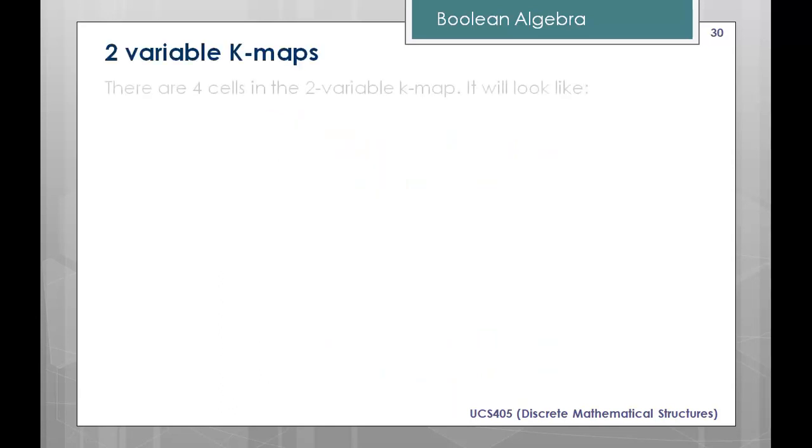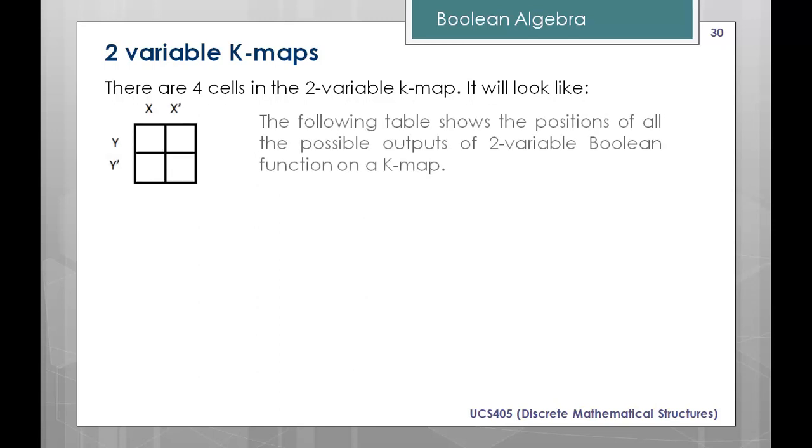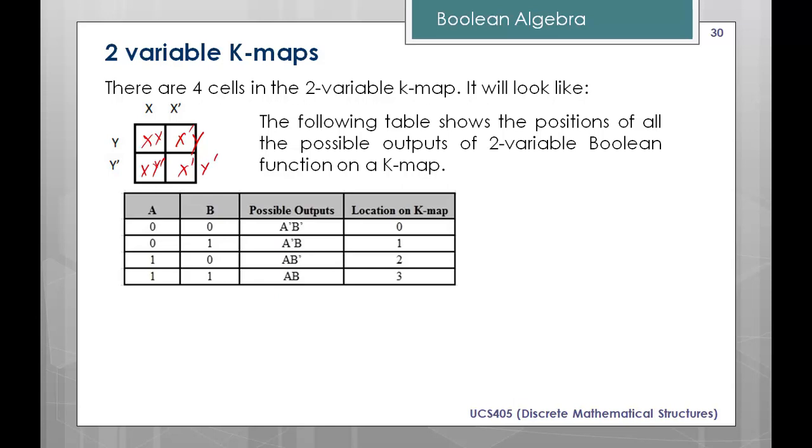Now we are moving further with 2 inputs, then 3 inputs, then 4 inputs. There are 4 cells in the 2 variable K-map. What are the cells? X'Y', X'Y, XY' and XY.